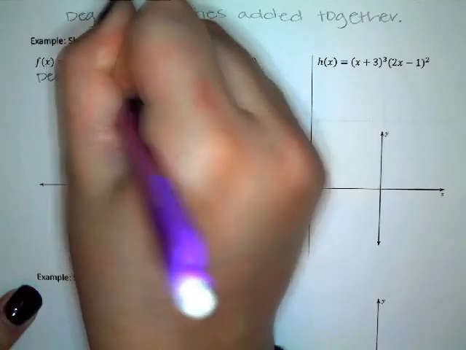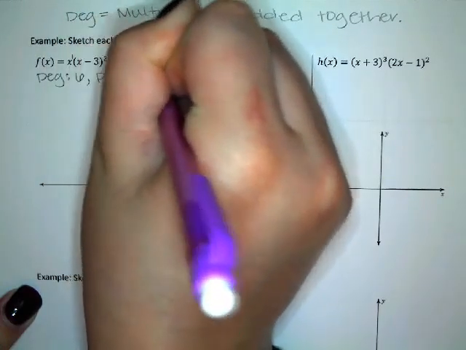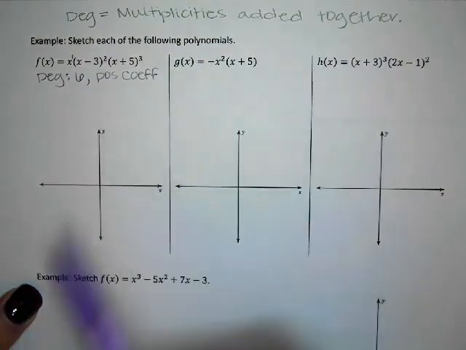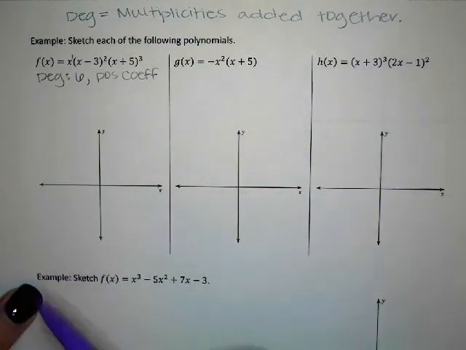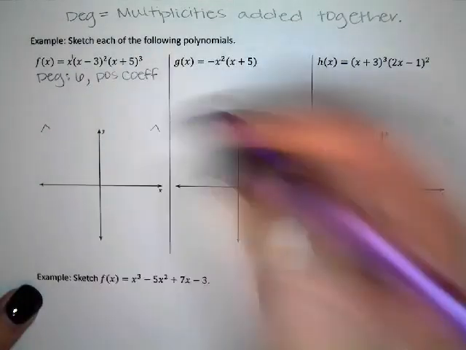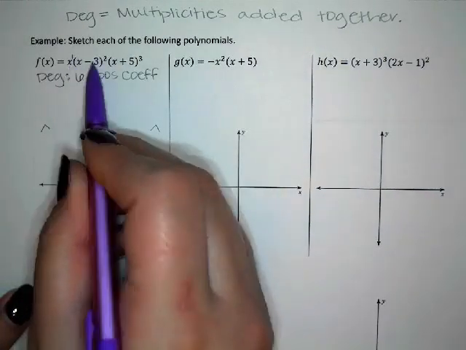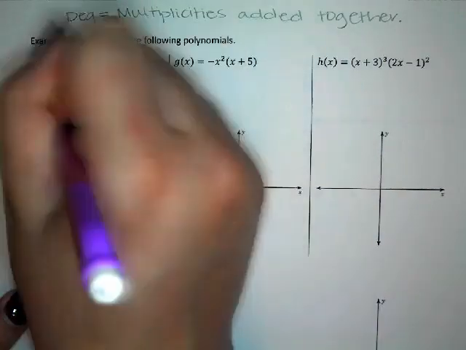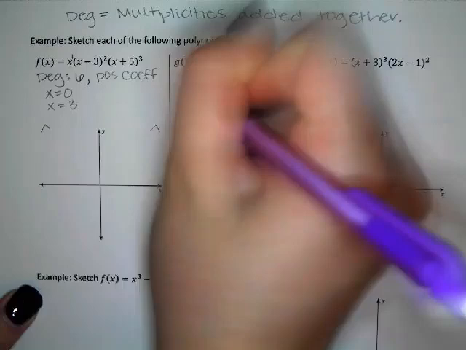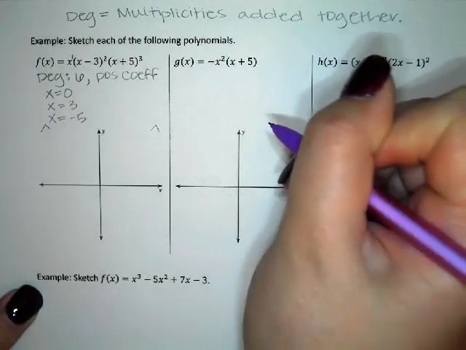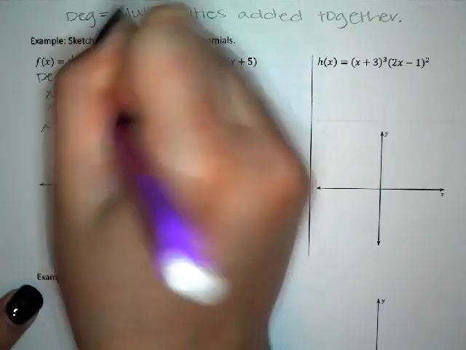So when we have even degrees, you either have both arrows going up or both arrows going down. This is a positive coefficient, so we're going to have both arrows going up. We have 3 x-intercepts. We have x equals 0, x equals 3, x equals negative 5. 0 has a multiplicity of 1, 3 has a multiplicity of 2, negative 5 has a multiplicity of 3.